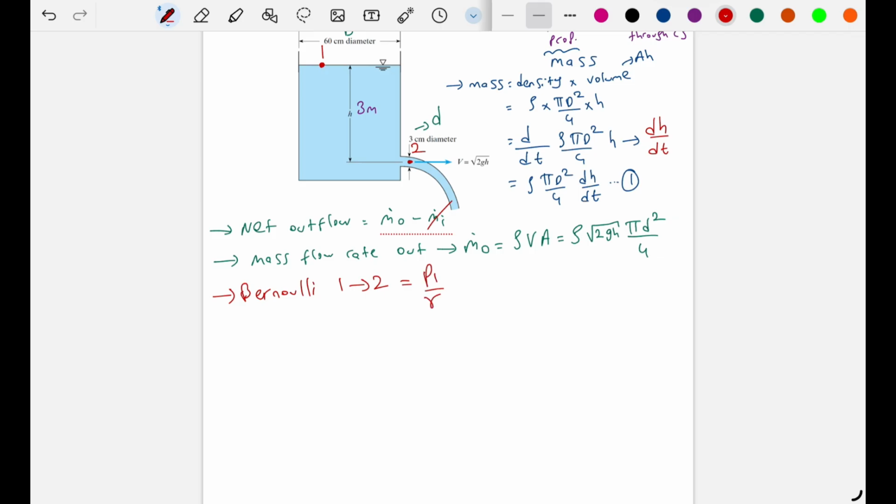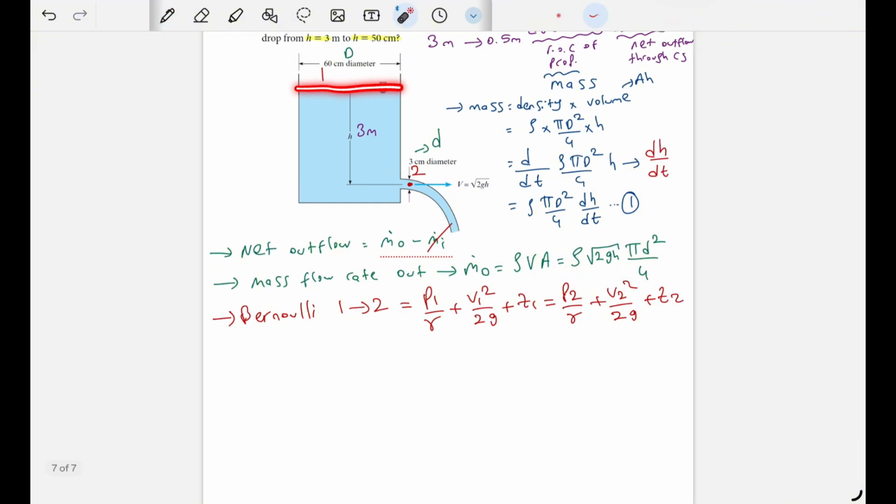So we have P1 plus V1 square over 2g plus Z1. If you look at it, both of them are open to the atmosphere, so we can remove the pressure terms. And if we take this point as the reference, this will be 0 and this will be 3, we can say Z2 is 0.